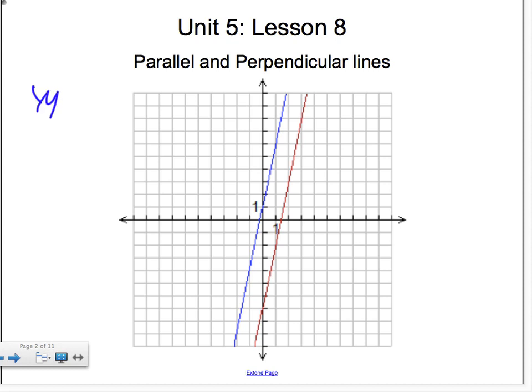So y is equal to mx plus b, right? Just take that first step. When it asks for an equation, just write that down. Now what are the two parts that we need to look for? Yeah, the slope and the y-intercept.